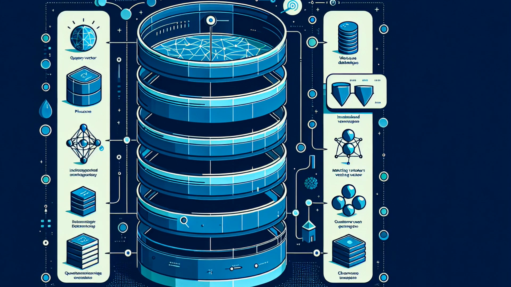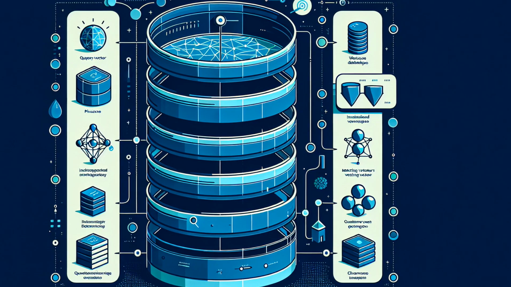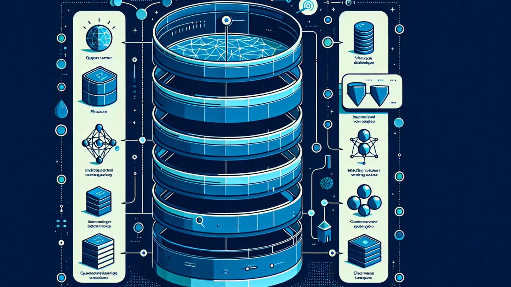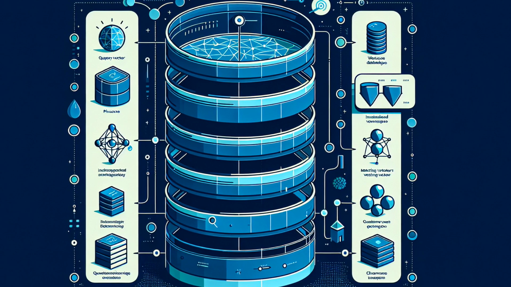Once you have embeddings, you need somewhere to store and search them efficiently. That is what vector databases do. Options like Pinecone, VV8, Milvus, and Chroma are purpose-built for this. They use algorithms called approximate nearest neighbor search, things like HNSW or IVF, to find similar vectors without comparing against every single one.